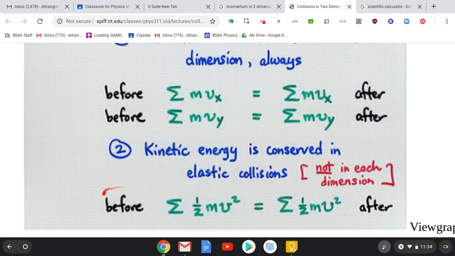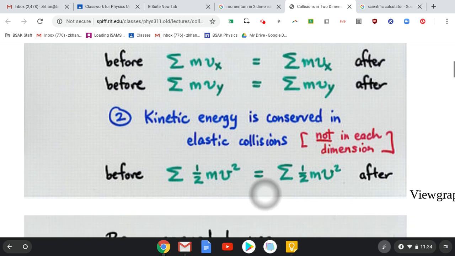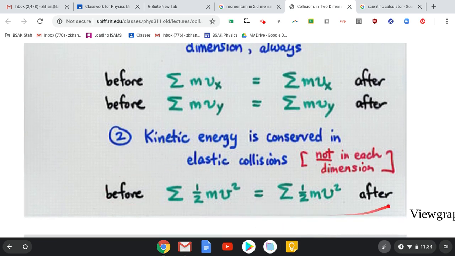So the total kinetic energy before the collision is equal to the total kinetic energy after the collision for an elastic collision. Now, if it's an inelastic collision, this total kinetic energy before is greater than the total kinetic energy after. Now, we will look at this in a little bit more detail as specified by your syllabus.